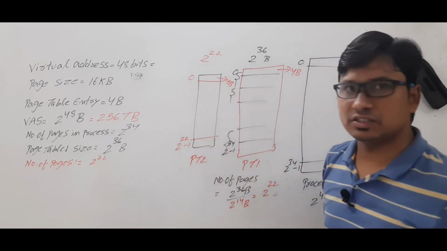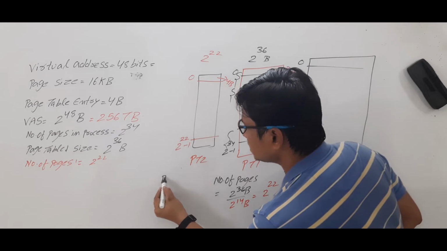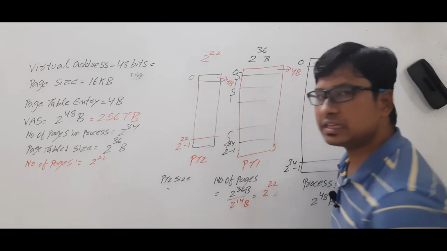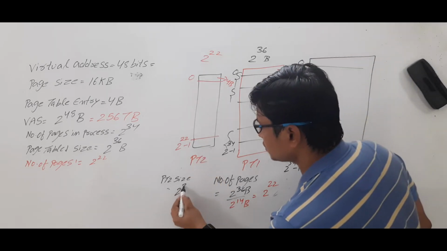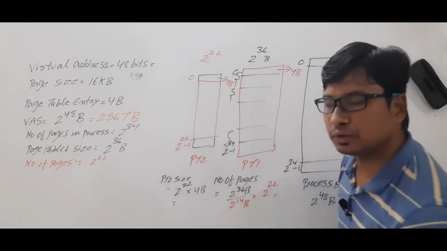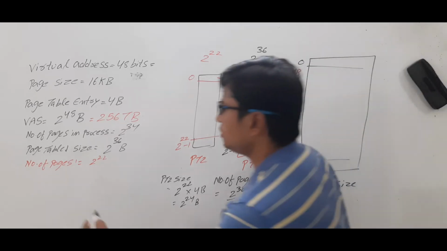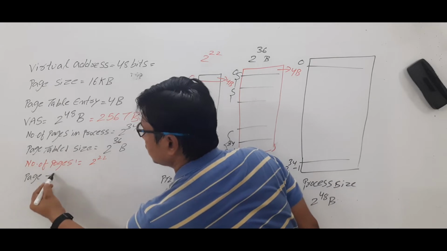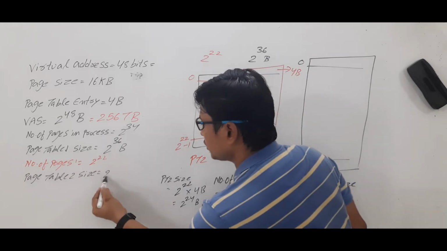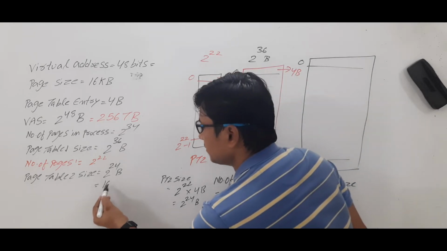So the page table 2 size is the number of entries, 2 power 22, times the entry size of 4 bytes, which is equal to 2 power 24 bytes. So page table 2 size is 2 power 24 bytes, which is equal to 16 MB.